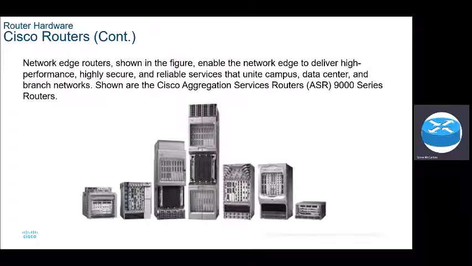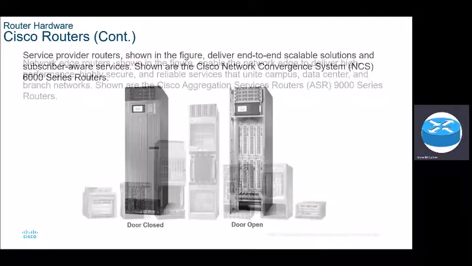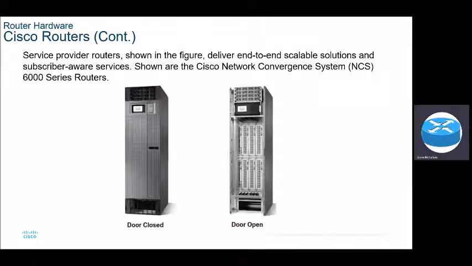These are called ASRs, or Aggregation Services Routers, and they're 9000 series. Then service provider routers shown in the figure deliver end-to-end scalable solutions and subscriber-aware services. These are the Network Convergence System, or NCS, 6000 series routers.